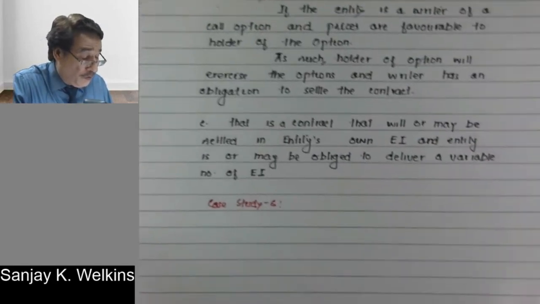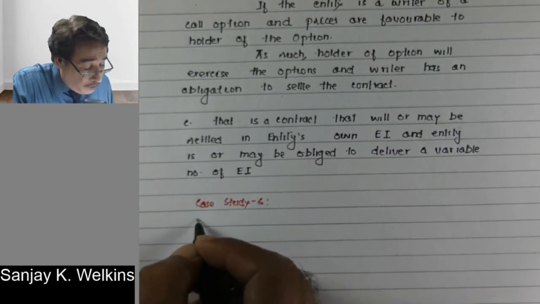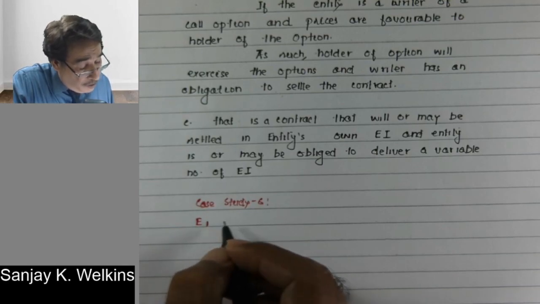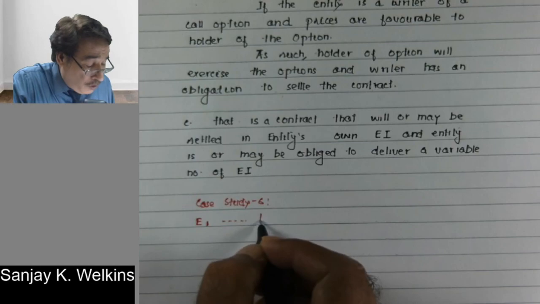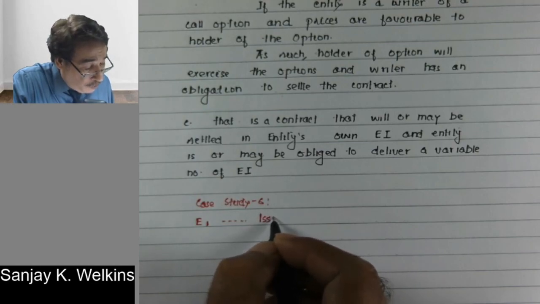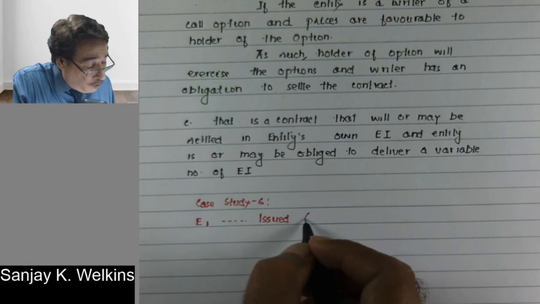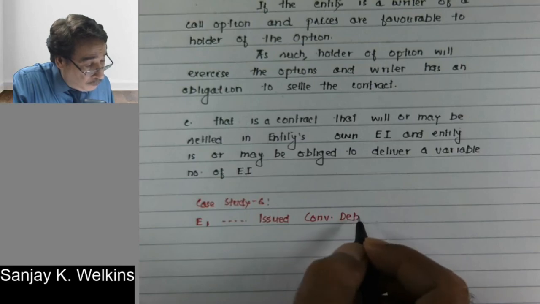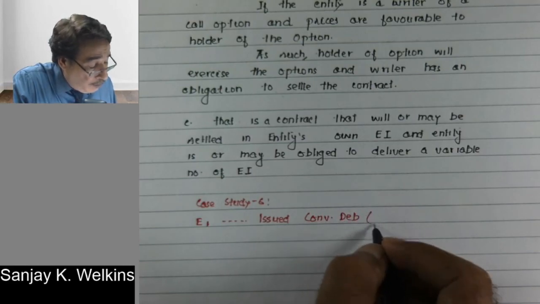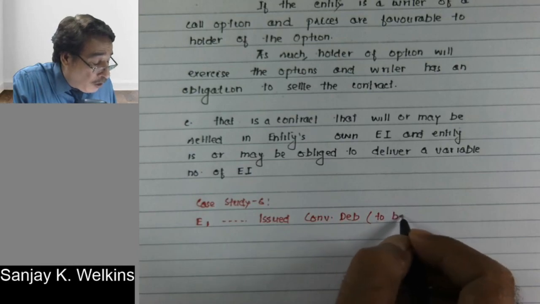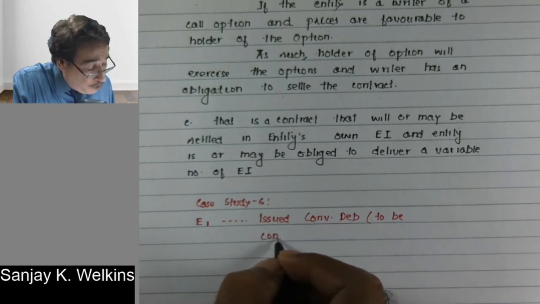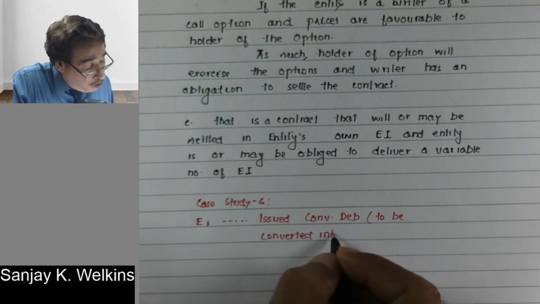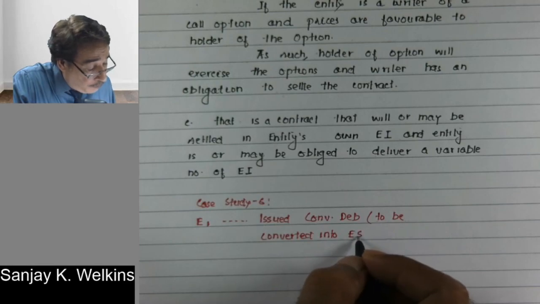Just have a look over here. Suppose E1 Limited has issued convertible debentures, to be converted into equity share capital.